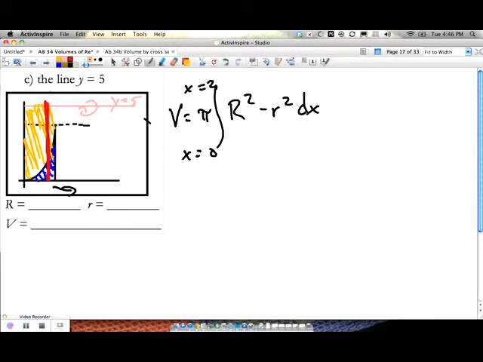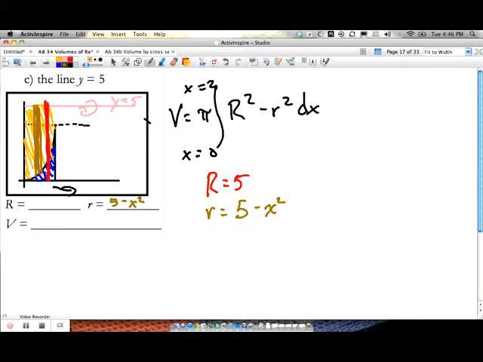Looking at the big radius, it's from the axis of rotation to the outer edge of that boundary. So that is 5. This is kind of similar to the last one. The inner radius is also similar in that it goes from that axis down to just the curve. It stops at the curve. So because it stops at the curve, we do 5 minus x squared.